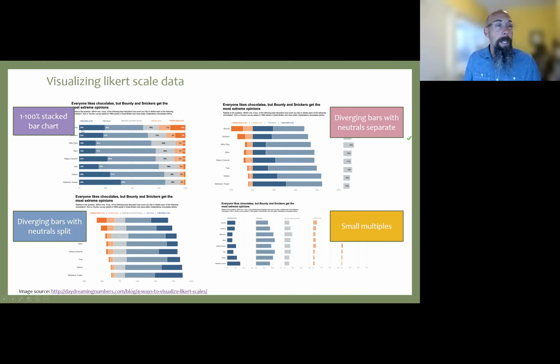So in the case of the Likerts, it's 24% here, 36%, 15, 11. And so I couldn't tell you for sure, just visually, whether, for example, this one, Galaxy Caramel, was bigger or smaller than this one, Maltese Teasers, except that they put the number in, so that way I can. But just from the length, I couldn't say that for sure. But for the one that's left justified, I can easily see which is the longer, and the one that's right justified. Okay, so that's an option, a 1 to 100% stacked bar chart.